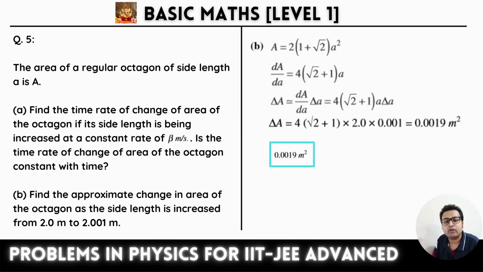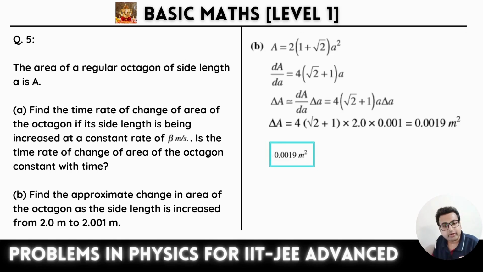So we are calculating the change of area with respect to the change of side, dA, that is area, upon da, that is side. With a very basic differentiation, you get 4 root 2 plus 1 a. Now, ultimately, we have to calculate delta A, because delta A is the change in area.